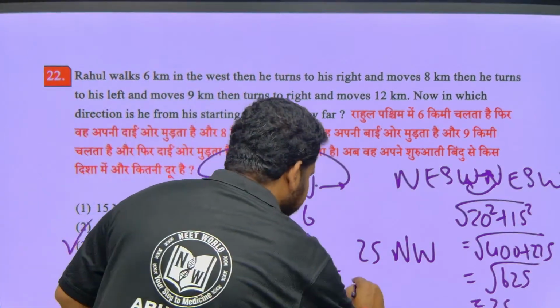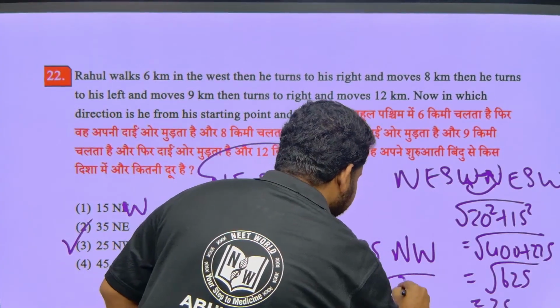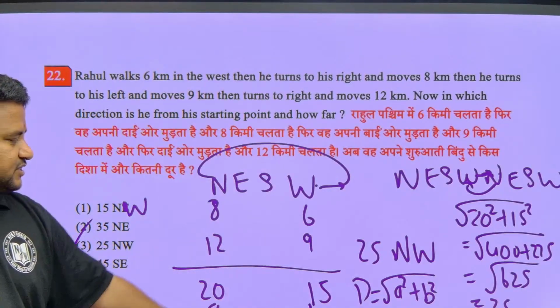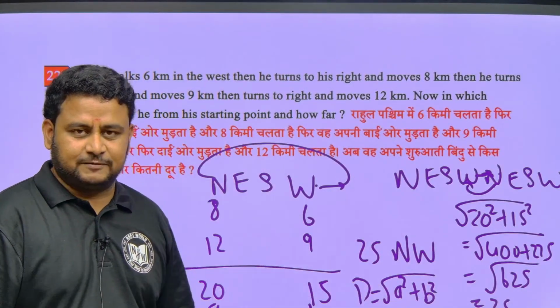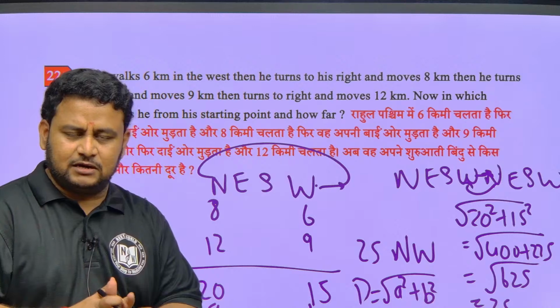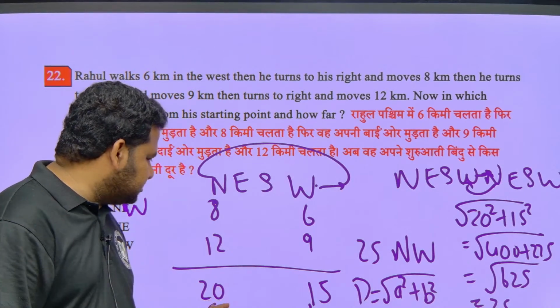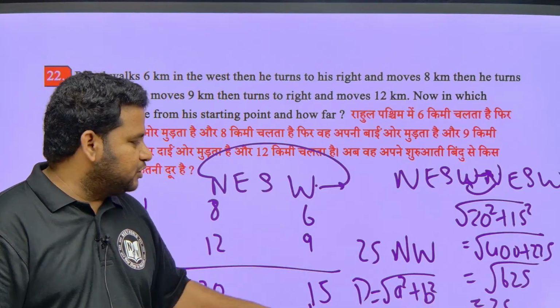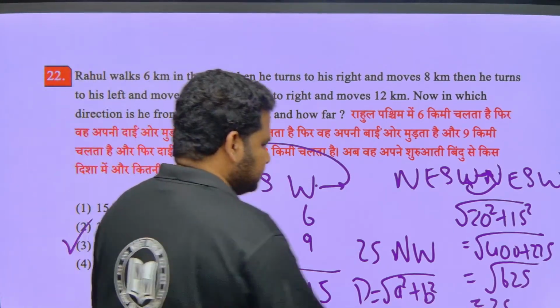So the distance d will be equal to square root of a square plus b square. Okay, remember this. If it is a, if it is b, distance d will be equal to square root of a square plus b square. If you are not understanding what is Pythagoras theorem, no need to worry. Distance d is equal to square root of a square plus b square. Got it? Like this you remember, square root of a square plus b square. Next question.